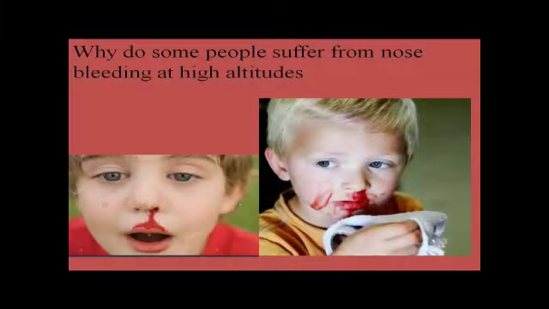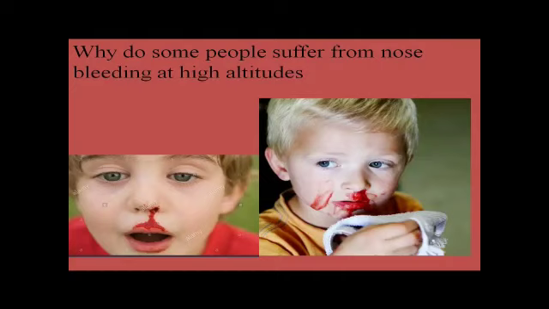Why do some people suffer from nose bleeding at high altitudes? The atmospheric pressure is at a maximum on the surface of the earth. When we go to a higher altitude, say a high mountain, then the atmospheric pressure decreases.